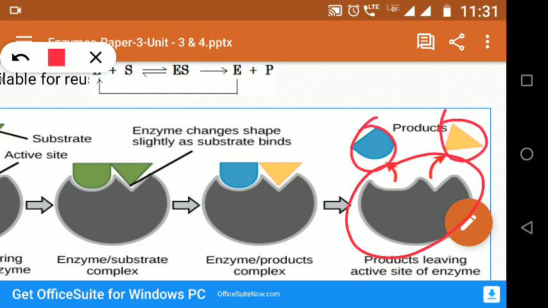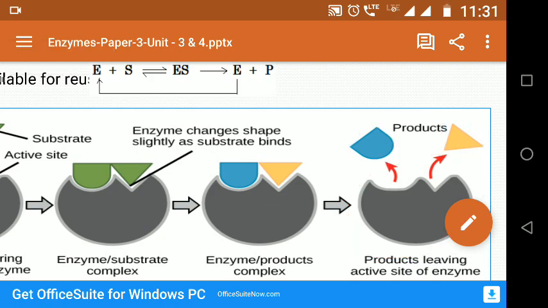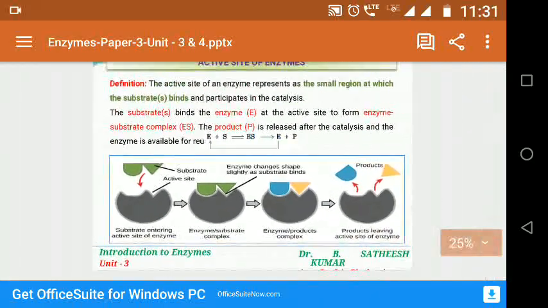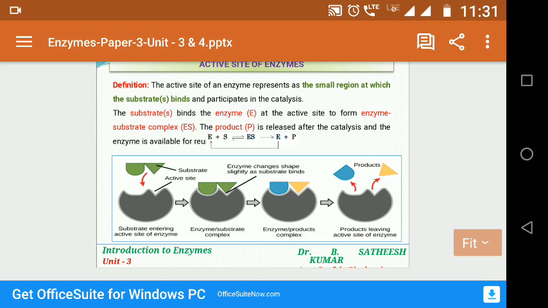Now this free enzyme comes back and again binds another substrate, forms a substrate enzyme complex, and the substrate becomes a product. This cycle takes place for several hundreds, even thousands of times, and each enzyme molecule converts thousands or sometimes lakhs of substrate molecules to products.